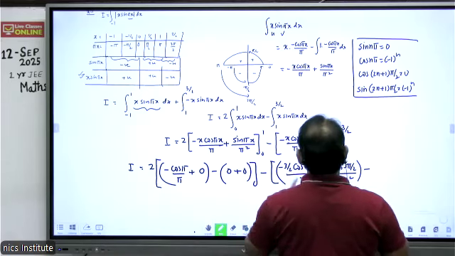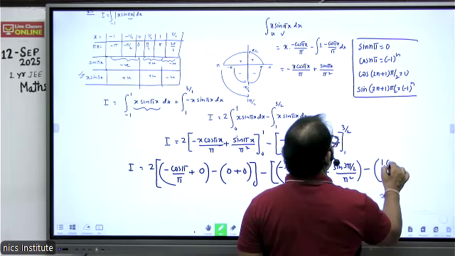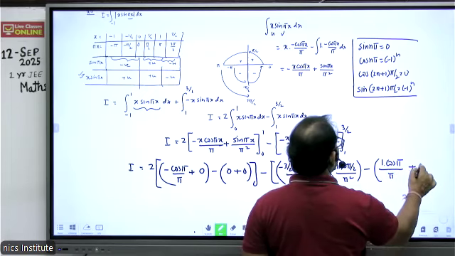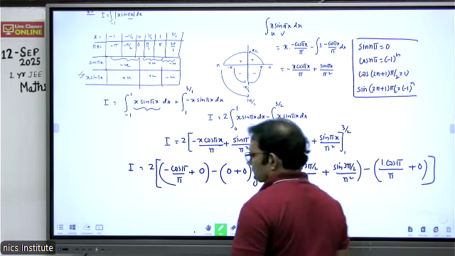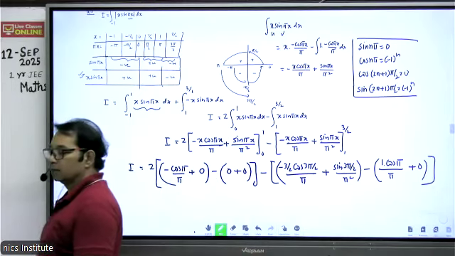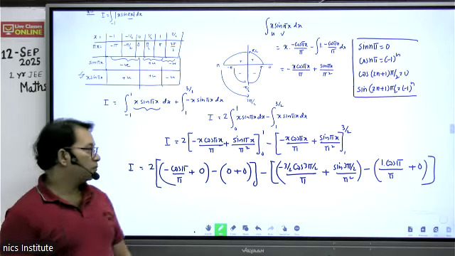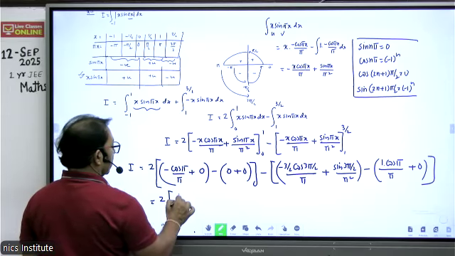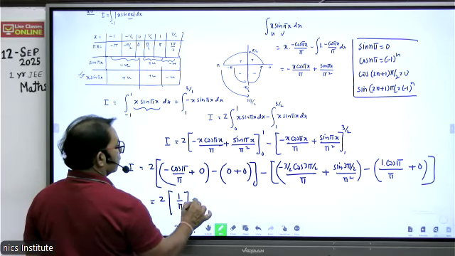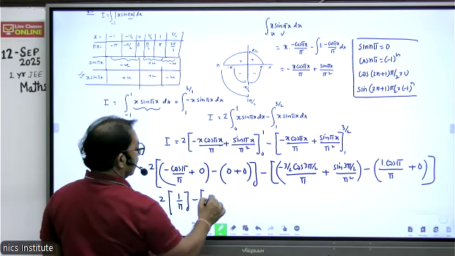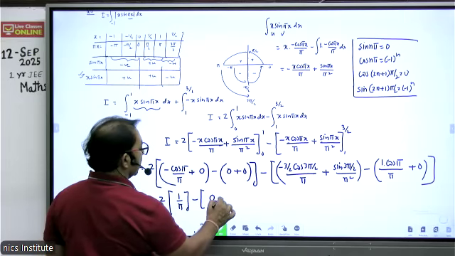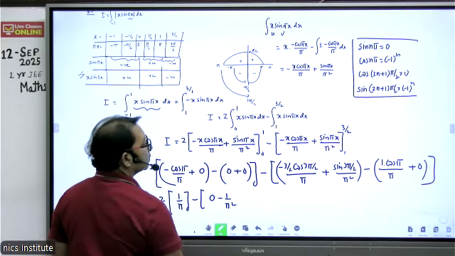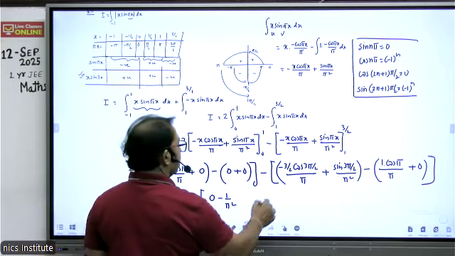The lower limit is 1. 1 into cos pi by pi. And sin pi is 0. Cos pi is minus 1. Minus minus plus. Cos 3 pi by 2 is 0. Sin 3 pi by 2 is minus 1. Cos pi is minus 1.